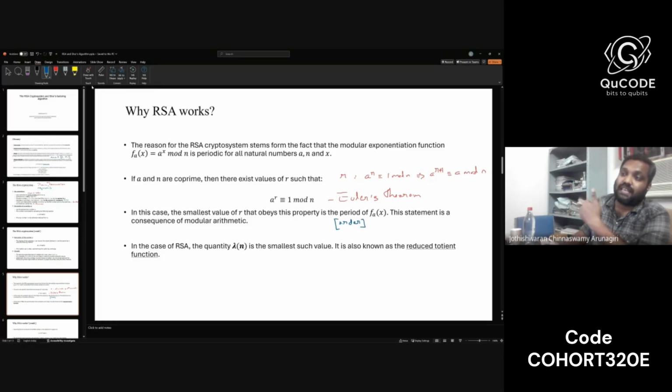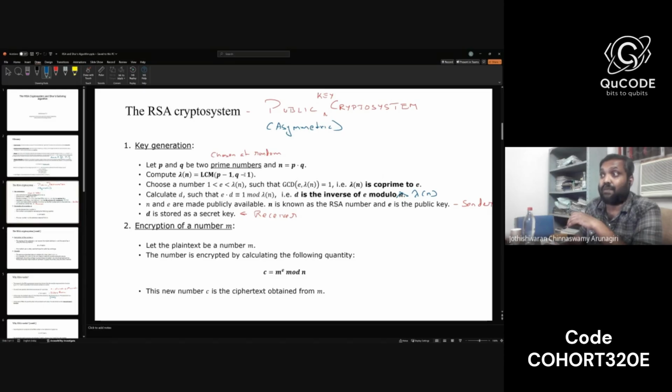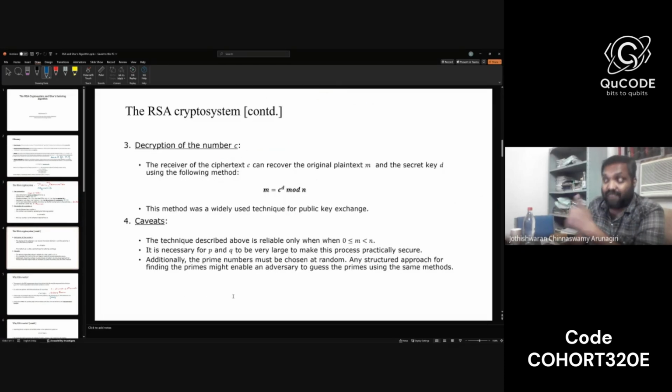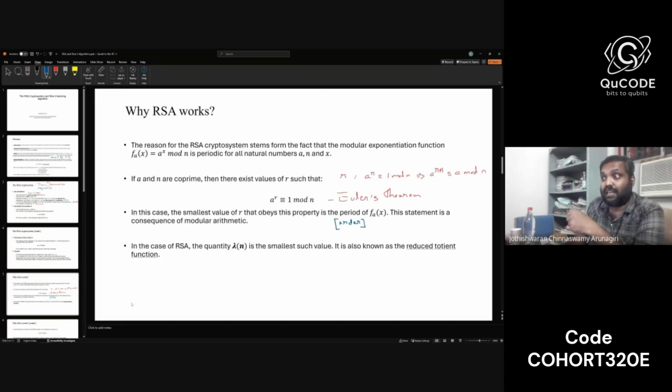So this has an important consequence in modular arithmetic. In this case, the quantity lambda of n is actually the smallest such value. This quantity that we calculated here, LCM of p minus 1, q minus 1, if n is a product of two prime numbers, then we have a ready-made formula to calculate it.